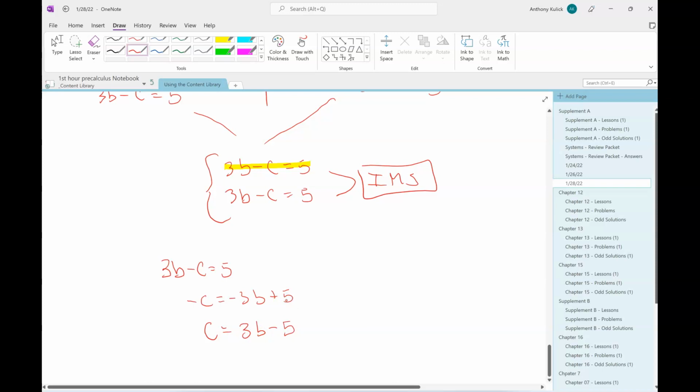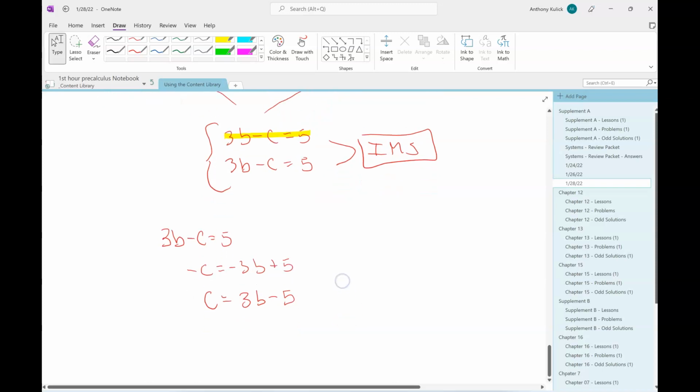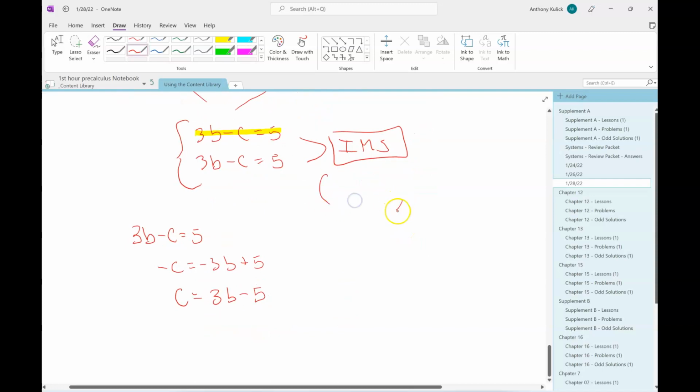Everybody's okay with that? So I'm going to start writing my answer here. So in the C spot, I'm going to put 3b minus 5. Now, since there's a b variable in the b spot, I'm going to put the b.